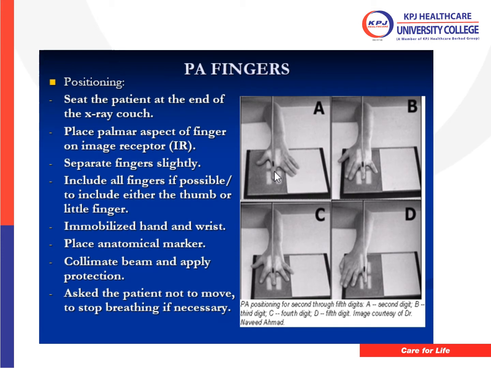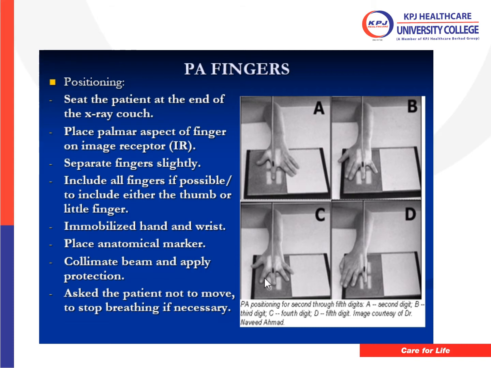PIP. Before we go to the centering point, I just want to highlight that when you are projecting fingers, usually the doctors will request for particular fingers, digits. But it is much easier if you include at least part of the side by side fingers.